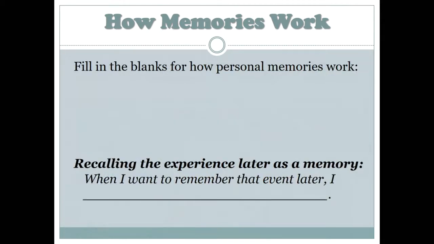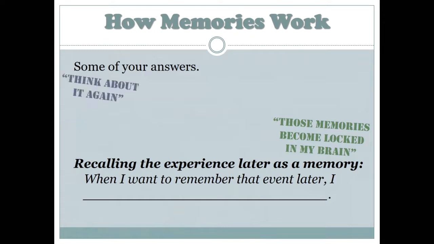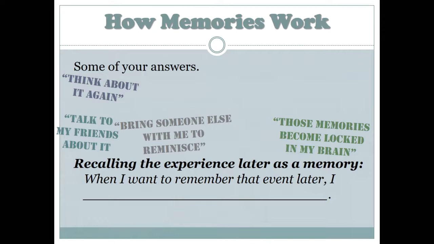All right, so the second part of this was trying to recall the experience later as a memory. Here are some of the things that you wrote for filling in that. When I want to remember the event later, what happens is that those memories are locked in my brain somewhere, deep down in the recesses of my brain. I have to think about the event again, and then maybe I talk to my friends about it, maybe I bring someone with me to reminisce, something like that.